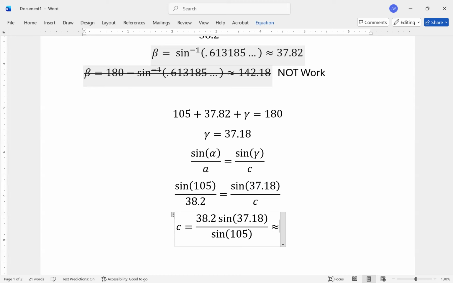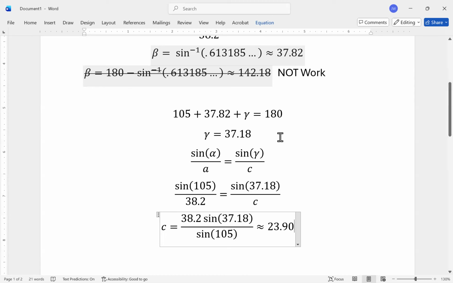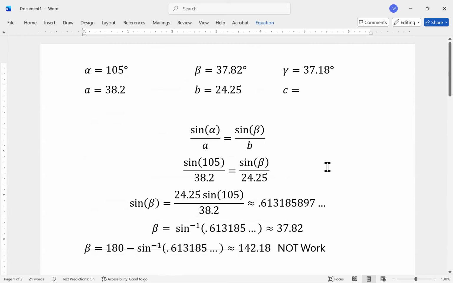That's approximately 23.90 when I calculate it using my calculator. And so therefore, we have solved this triangle. We've found all three angles and we found all three side lengths.